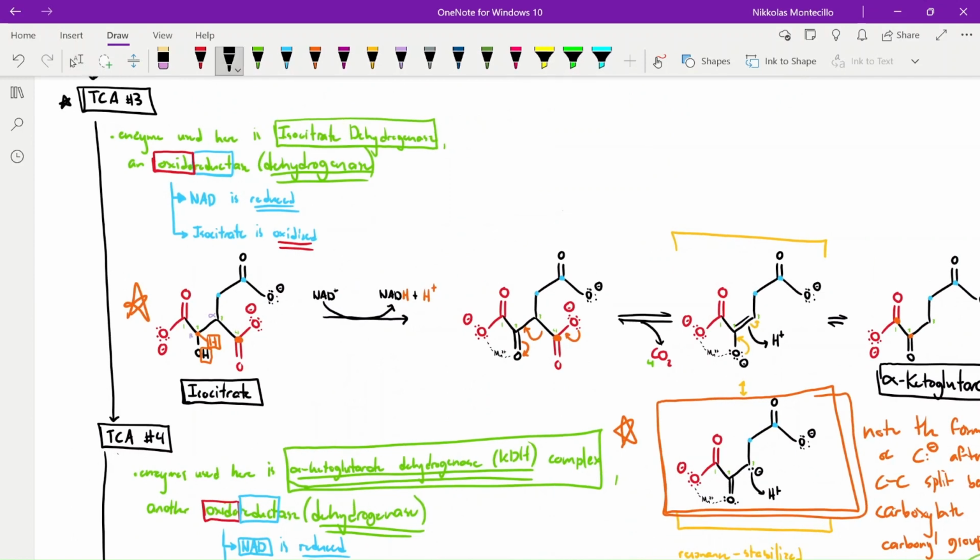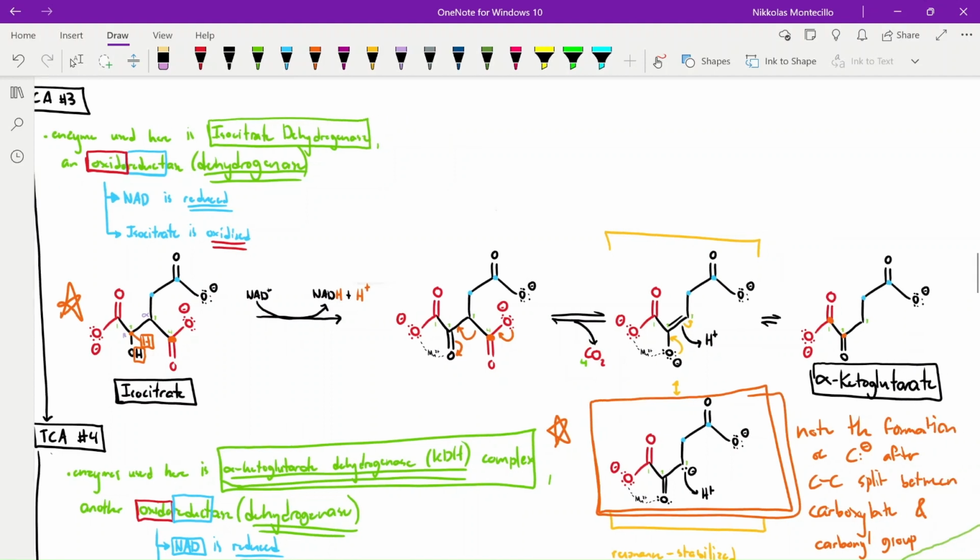So we see that isocitrate undergoes a bit of an arrow pushing mechanism where there's a decarboxylation reaction that occurs here, right? This carboxyl group is pushed out, labeled as carbon number 4, since it's attached to the 2 oxygens, right?